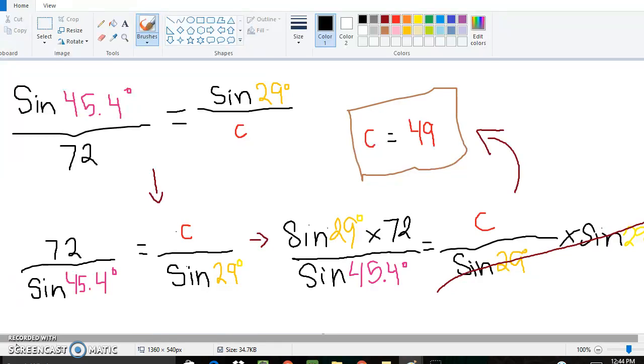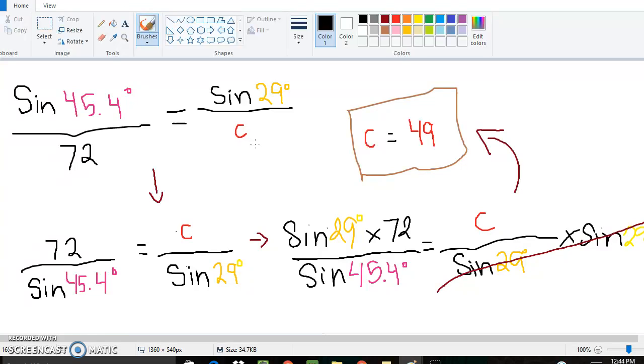So now to find side C, we can use any of the two equations from before. So let's use the A's. We get sine of 45.4 degrees over 72 equals sine of 29 degrees over C. We can set any of the sines equal to each other, because the law of sines states that all of them are equal to each other.